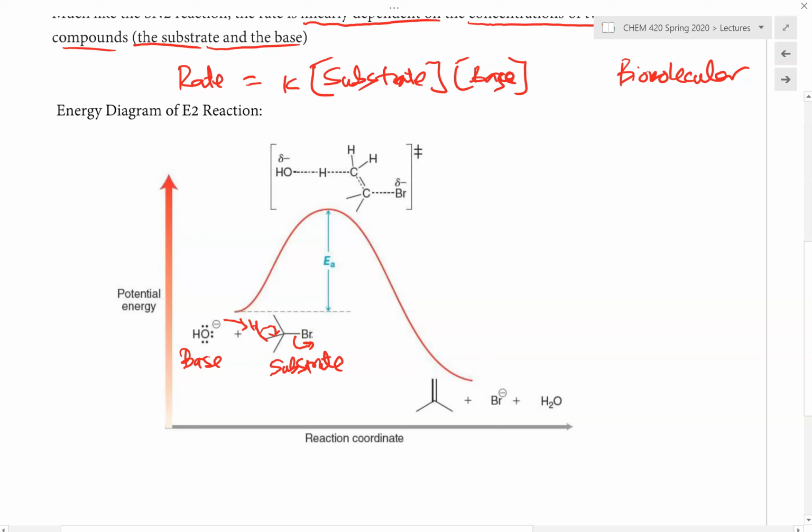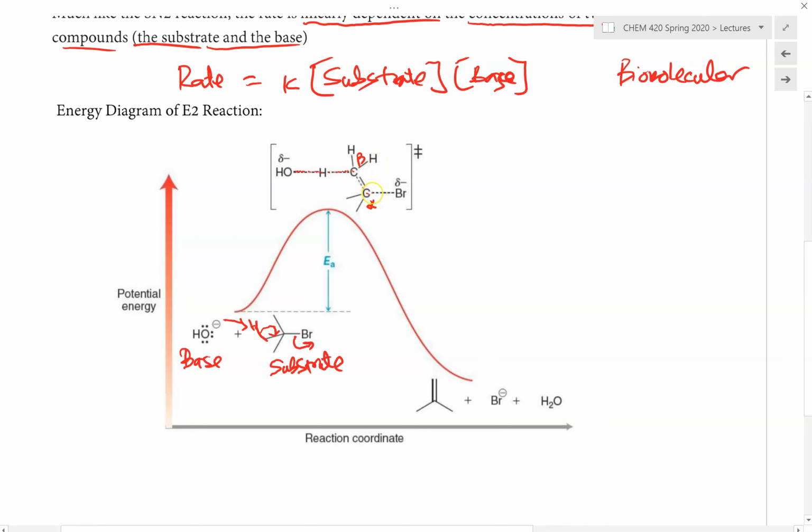So in the transition state, we can see the bond between the hydroxide and this hydrogen is forming. The bond between this beta carbon and this hydrogen is breaking. The double bond between this alpha carbon and this beta carbon is forming in the transition state.